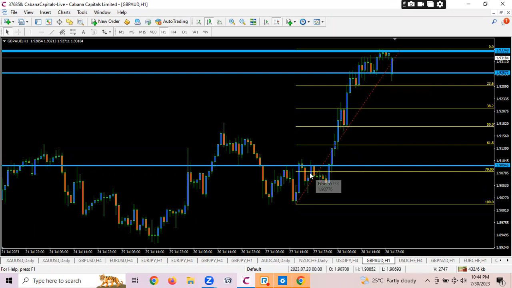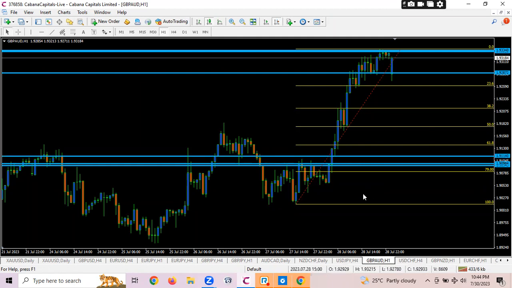It's a key level. We have this mitigation or breaker block, and close to it a fair value gap. So there's a probability that price will pull back to this level before it continues with its bullish move.